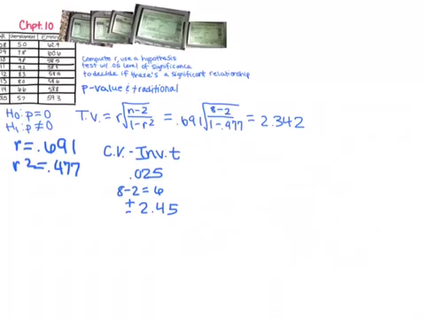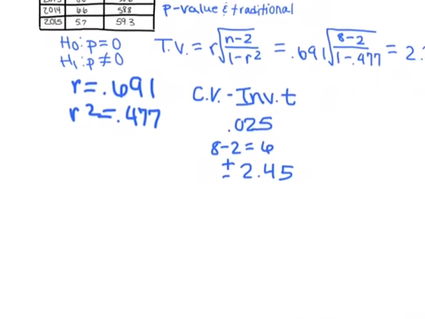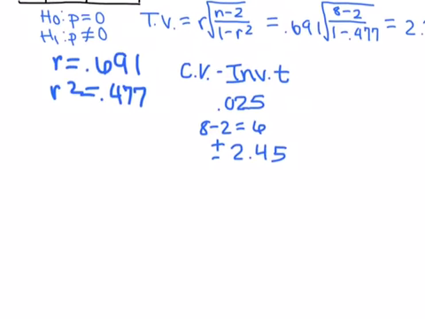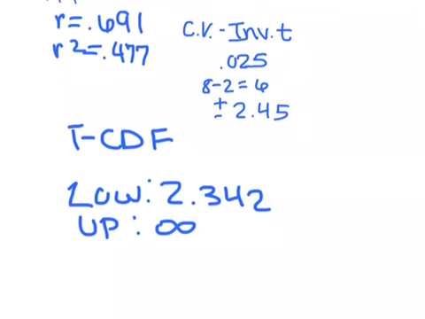Once you've done that, we still need to do the p-value method. For the p-value method, you just use TCDF. So we go to TCDF in your calculator, and your lower value is going to be your test value, which was 2.342. The upper value is going to be infinity, and the degrees of freedom, again, are going to be 6. That is going to give you 0.0288.